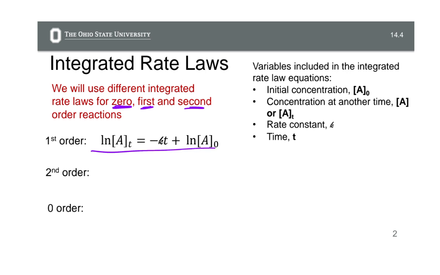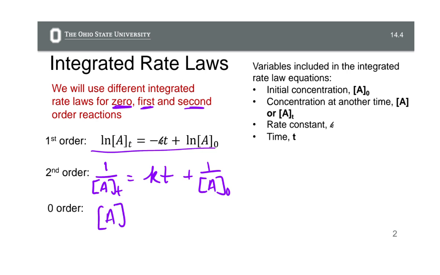But second order is a little different. Second order is 1 over [A] sub t equals k times t, positive, plus 1 over [A] sub 0. So second order has fractions. And then zero order probably looks the most user-friendly.